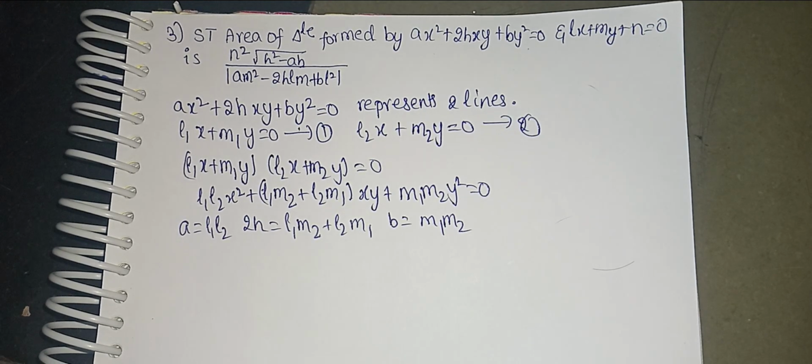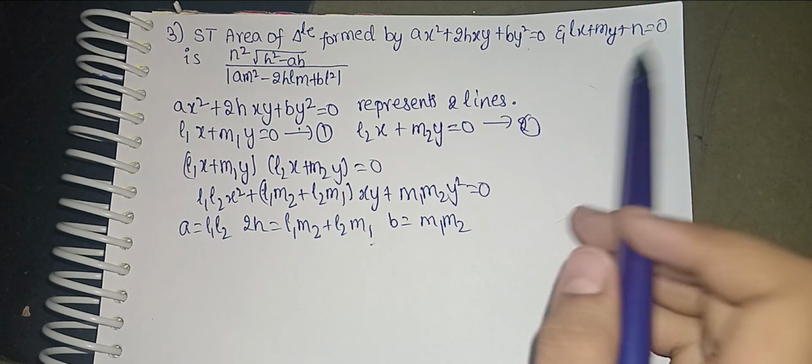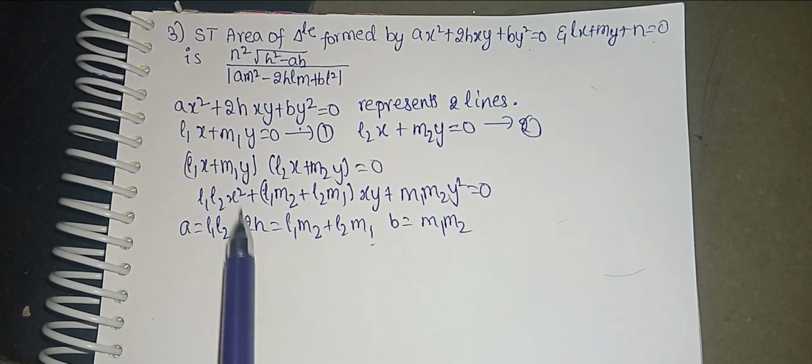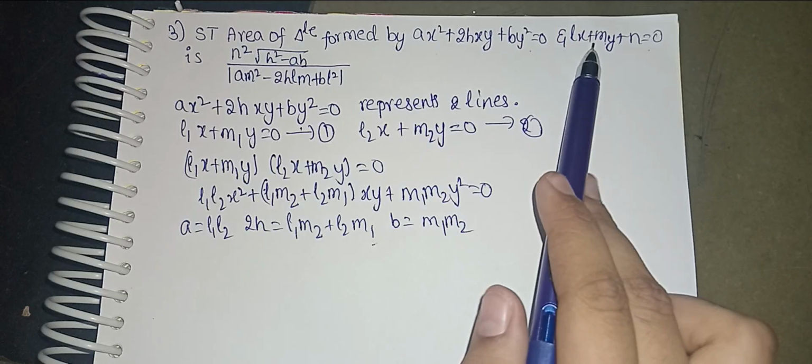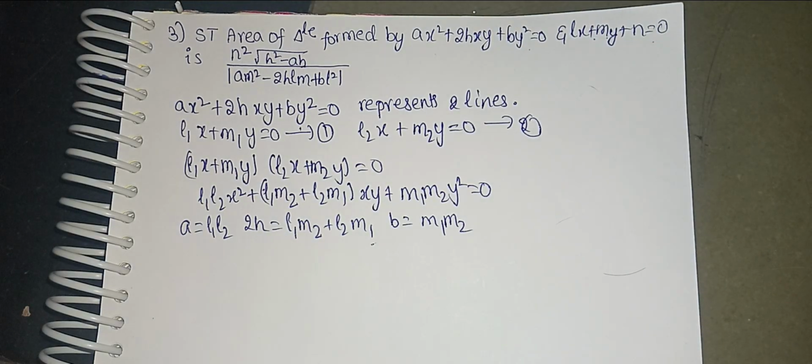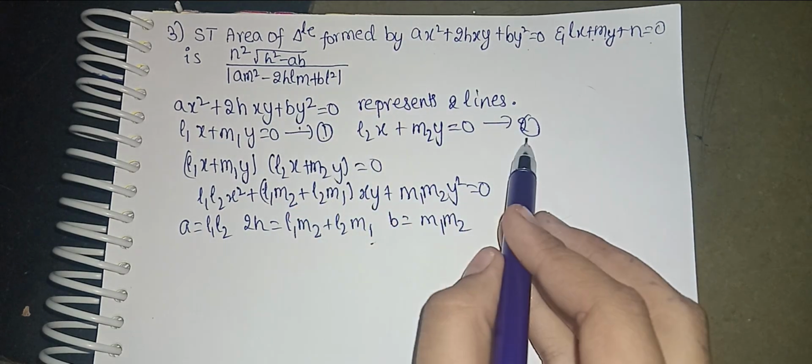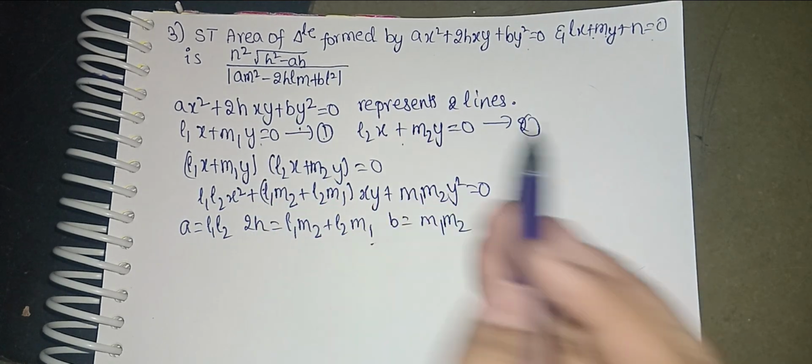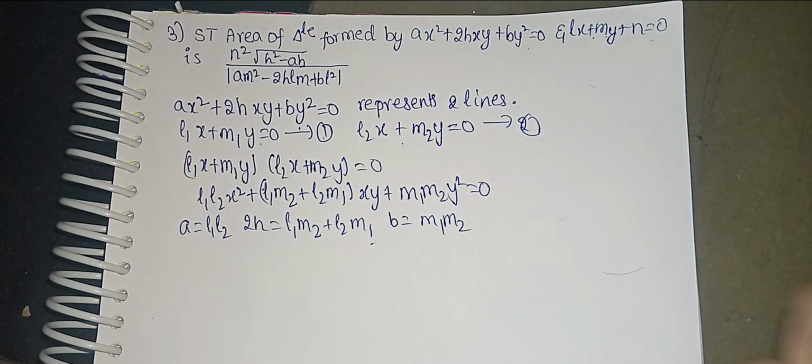Now see, along with these two lines, the third line of the triangle is this. With the help of these three lines only, the triangle is formed. Now see, equation 1 and equation 2, meaning the first line and second line, intersect at the origin. How can we know that?